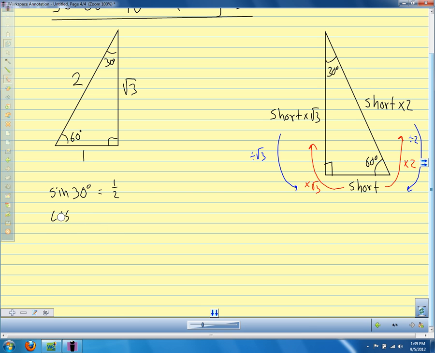The cosine of 30 degrees, we're looking at the 30-degree angle, adjacent over hypotenuse is square root of 3 over 2. And the tangent of 30 degrees is opposite over adjacent, is 1 over the square root of 3. And if we rationalize that denominator, we get the square root of 3 over 3.